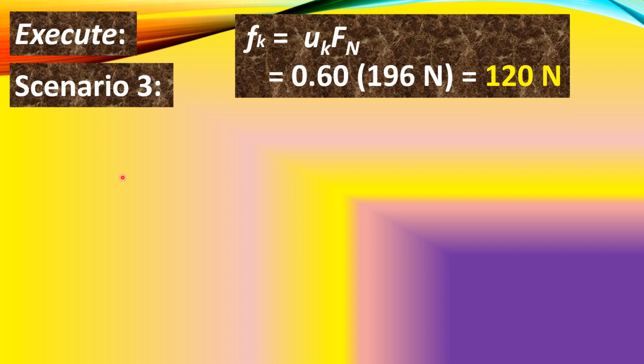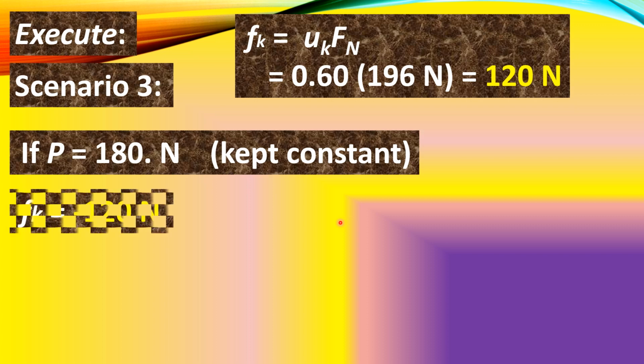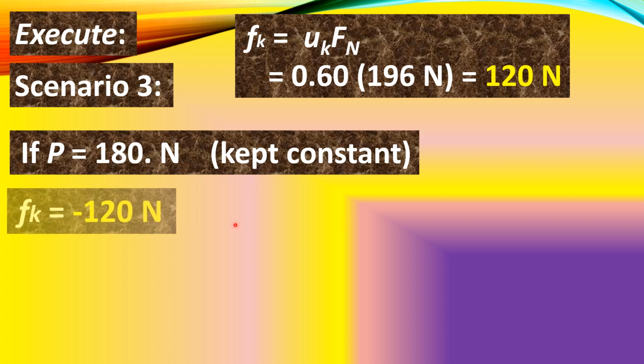The third scenario is if we assume the horizontal applied force P is equal to 180 newtons and it is held constant after the crate has been set to move, where the available kinetic friction is still equal to 120 newtons in the opposite direction.